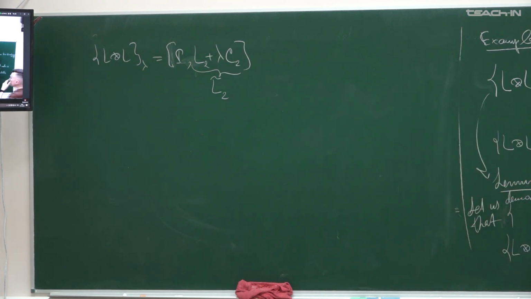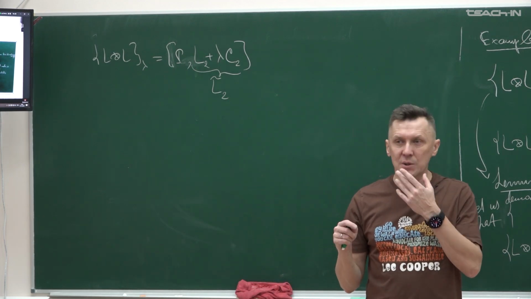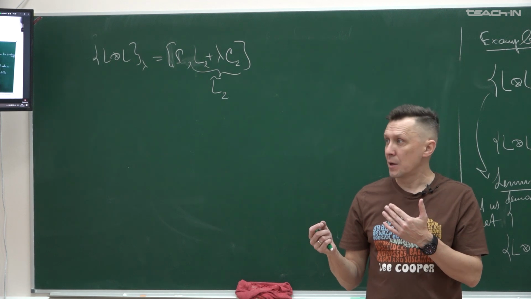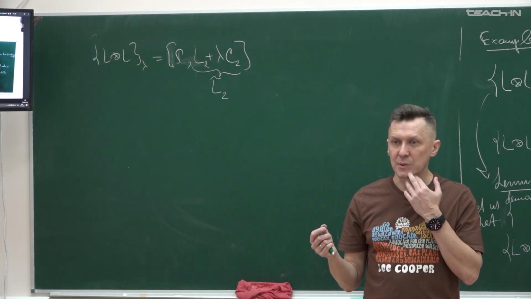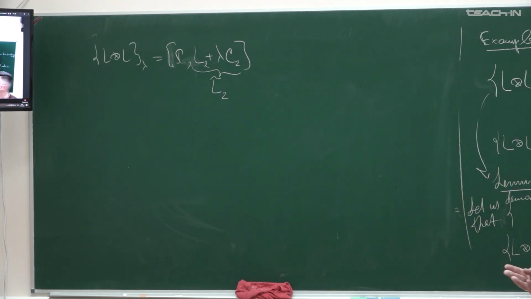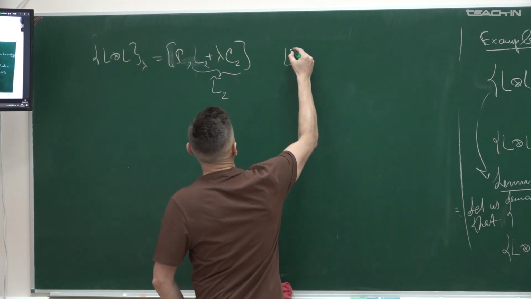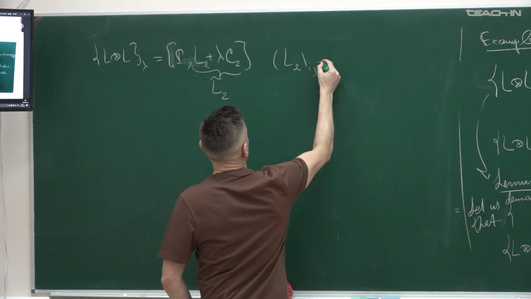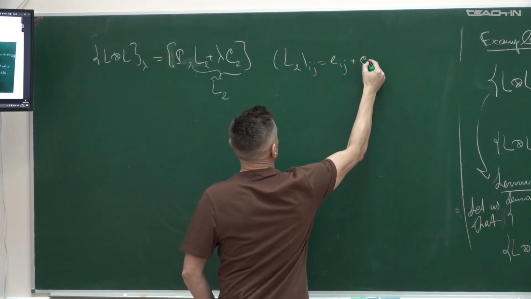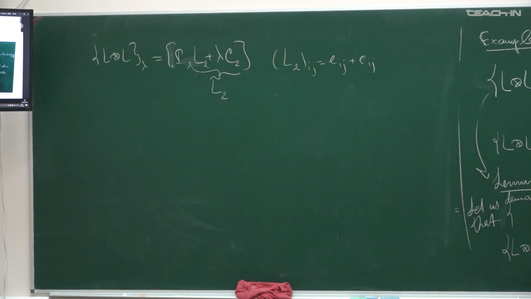So you see, L is just a matrix with values from our Poisson algebra, and I change the variables by just a shift of the beginning point. So now L tilde_ij is E_ij plus lambda C_ij.